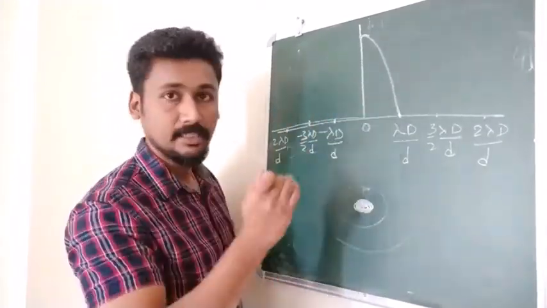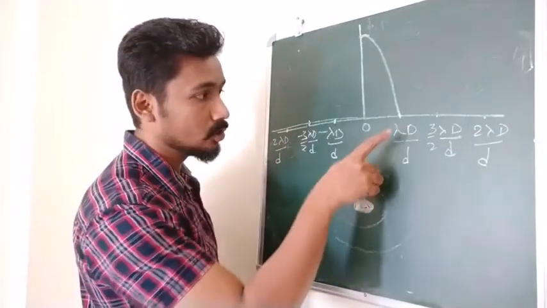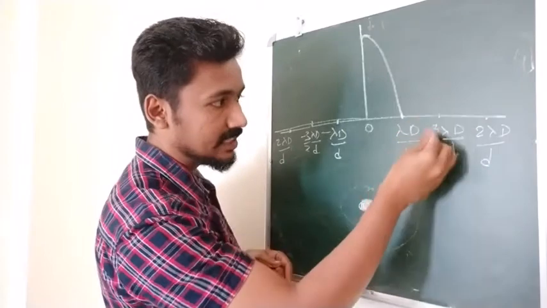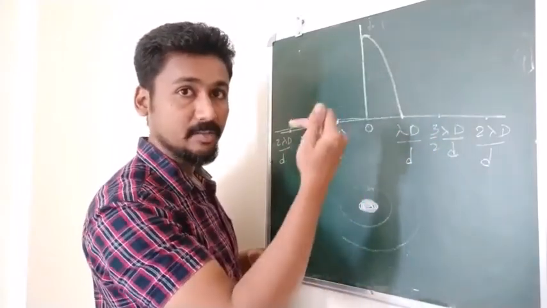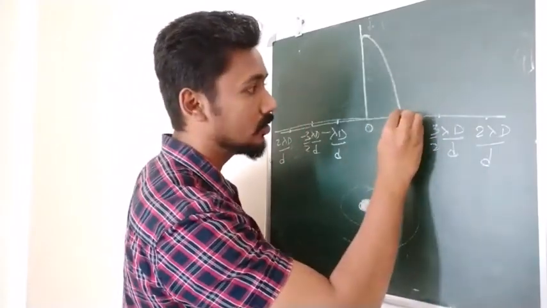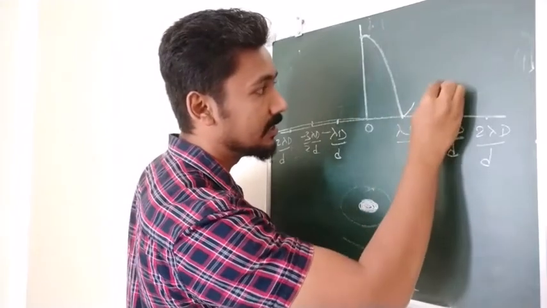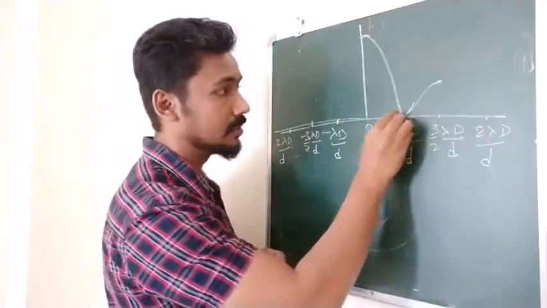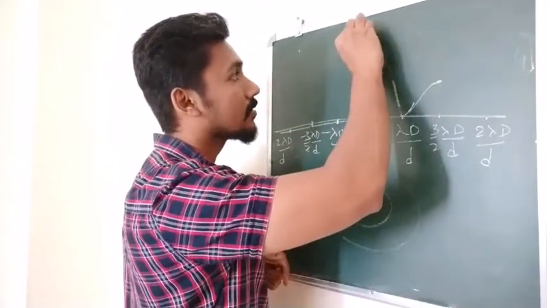Here we are only seeing the intensity. तो lambda D by d पे first minimum. Then what will happen at 3 by 2 lambda D by d? That will be the first maximum. So what will happen is the intensity will increase. Here you are going to get the first maximum.